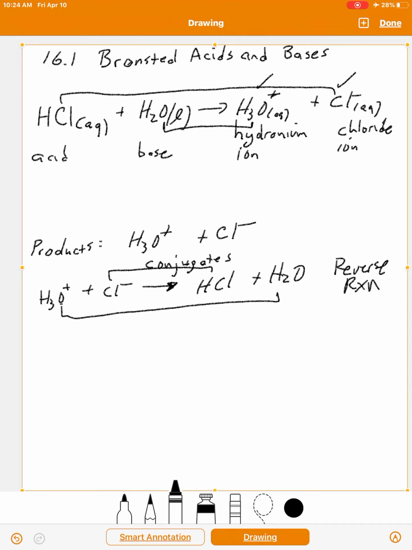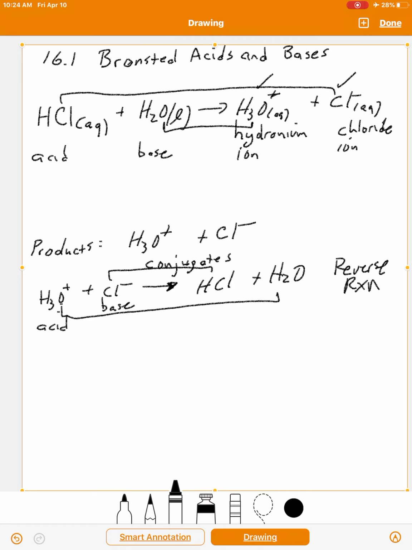So that means the H3O plus donated the H plus, which means that it's the acid. The chloride doesn't have any H's. When it becomes a product, it does. It went from negative to 0 charge, so that means it gained an H plus. So that means it's the base, right? The acceptor of the H plus is the base. The donor of the H plus is the acid.